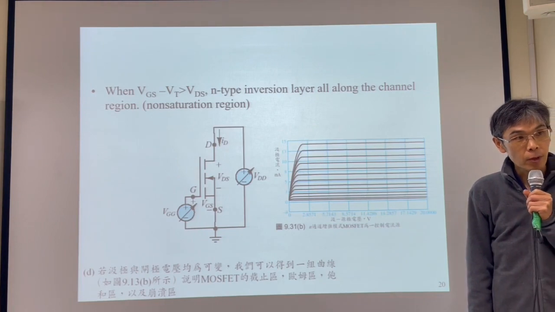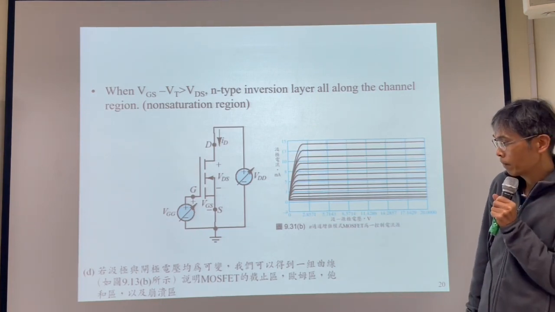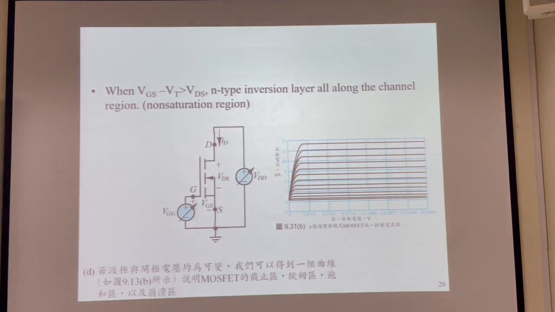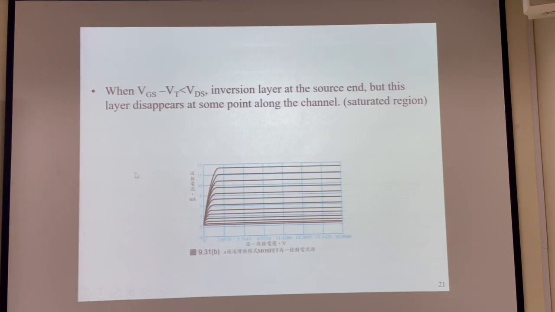Muslim, any problem? Like, could you read this? When VGS minus VT is smaller than VDS, there is a layer at the source, but this layer disappears at some point along the channel, the saturated region.